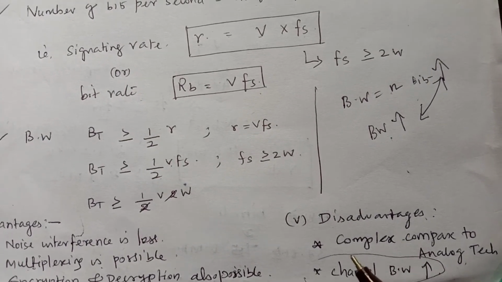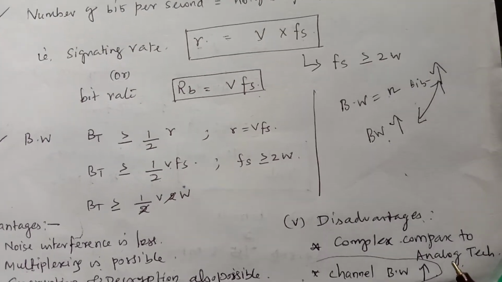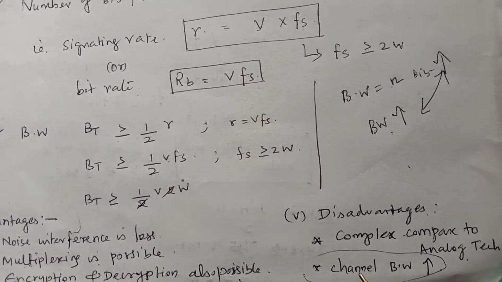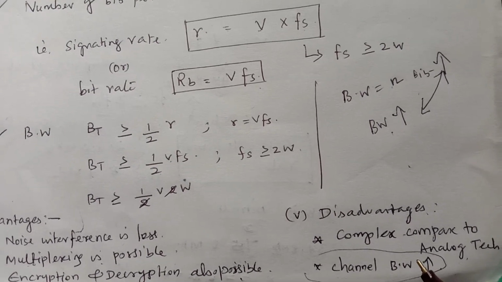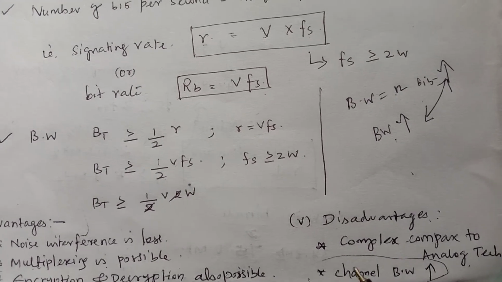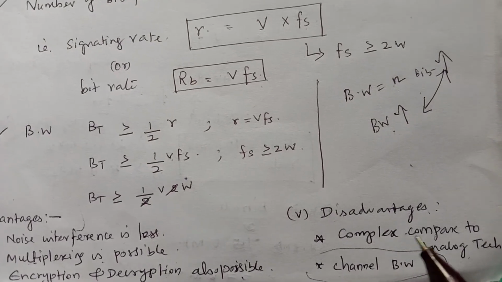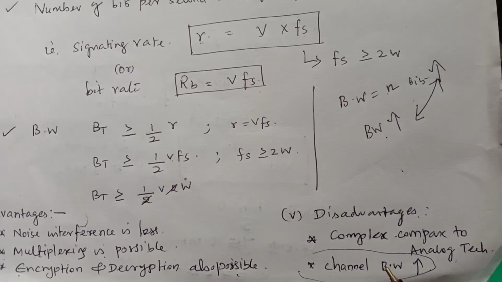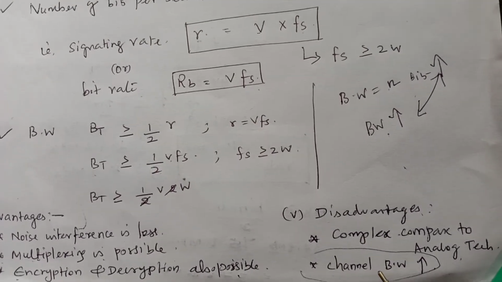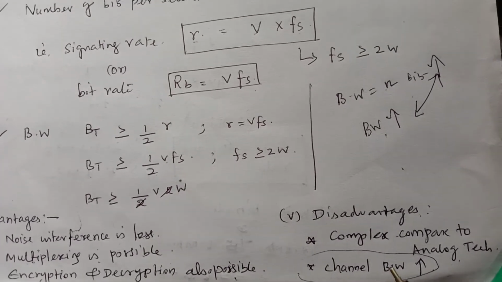And the second one is that channel bandwidth is high when compared to analog signal, because it depends upon the quantization level. That quantization level depends upon the number of bits used to represent the quantized signal as a pulse coded signal.